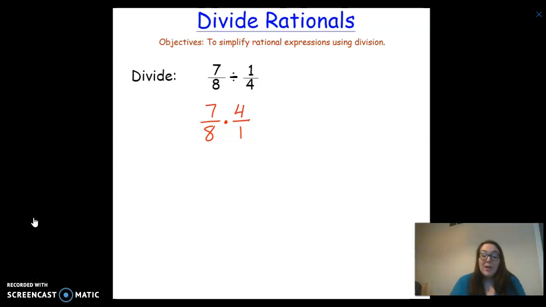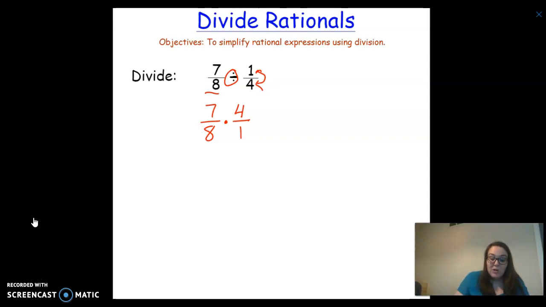A lot of you know it as keep, change, and then flip. I hate that term, but I'm going to use it in this situation because it's the best way to reach most of you. But 7/8 times 4/1 is the same thing as dividing by 1/4.